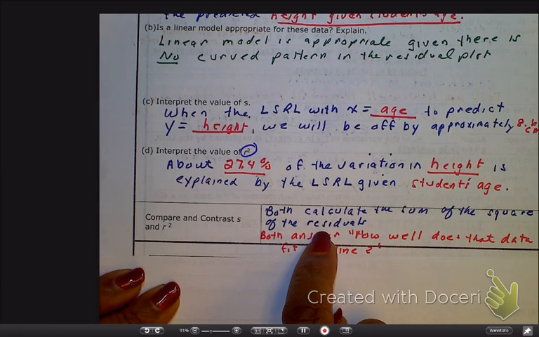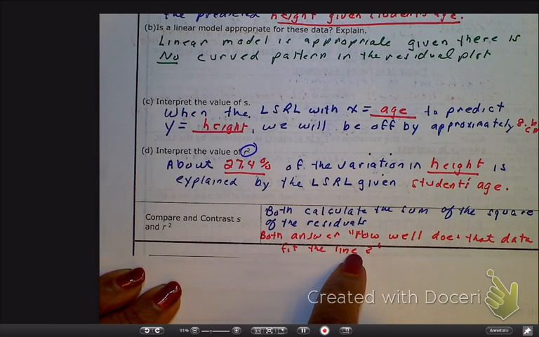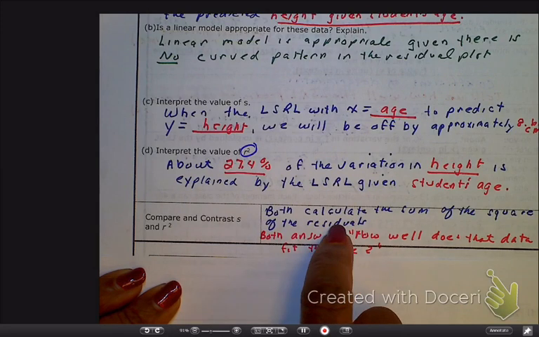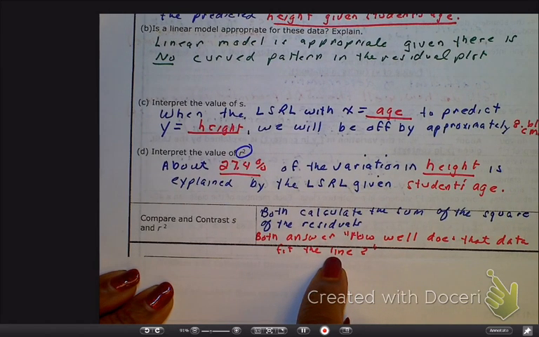Whereas your R squared is saying how much of the line of best fit explains those different points. So S is based on the idea of errors, a residual plot. This one's based on the actual line of best fit, or let's go into stats mode for a minute, least squares regression line.